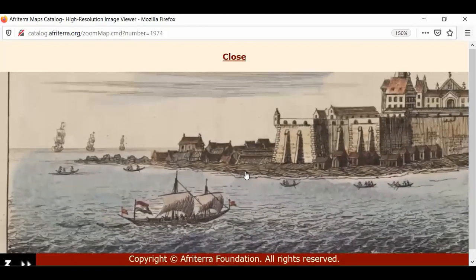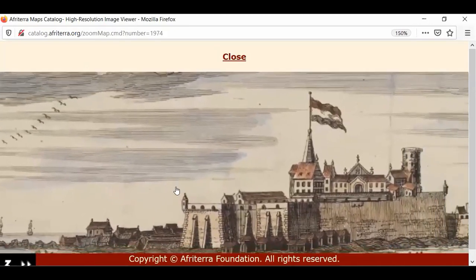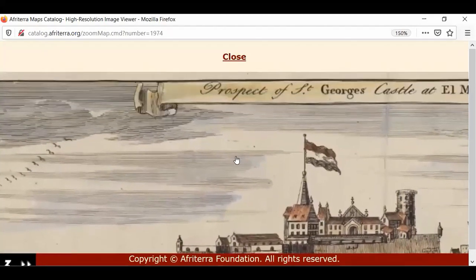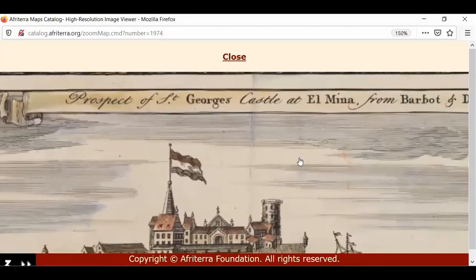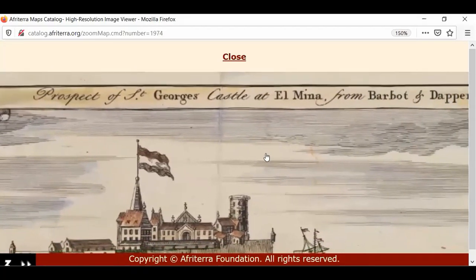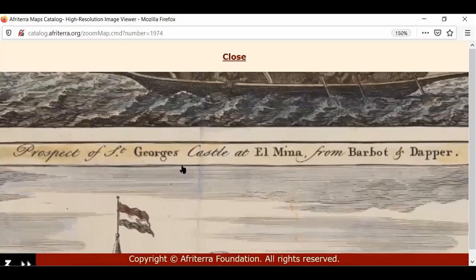In this case, it's the slave trade right off of the coast of Elmina. As he puts it here in the title, a prospect of St. George Castle at Elmina. Now he's taking it from Balbo and Dapper. These are two earlier authors, which he's taking the image from and reproducing here.